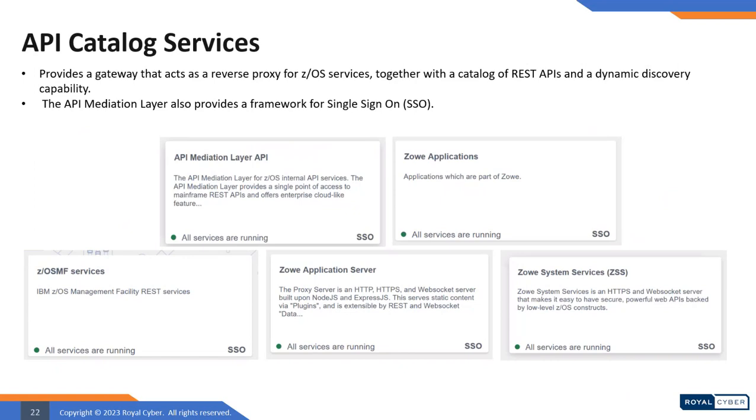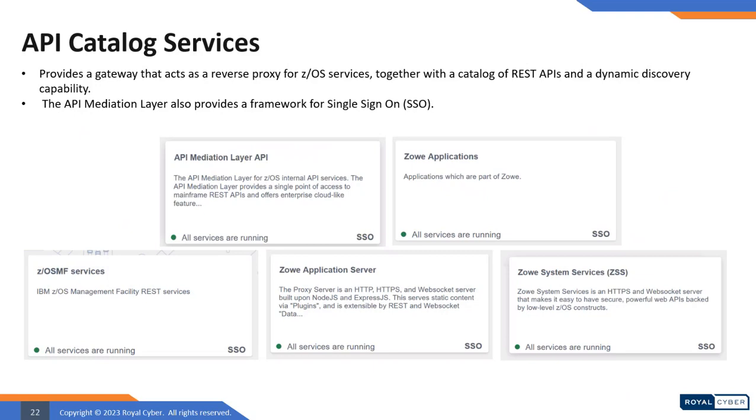Next comes your API catalog, API mediation layer, that is API catalog services. It basically provides the complete gateway for your Zowe services. It has got an enormous way of making use of this API mediation layer. So by default your Zowe SMF is accessible via this API catalog services only, the mediation layer only.